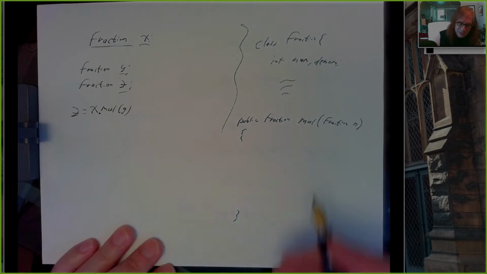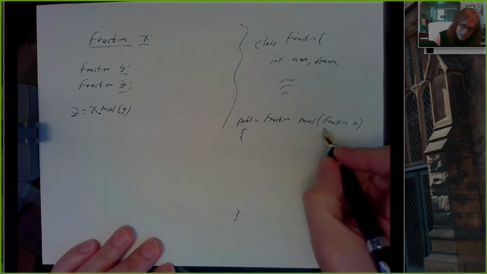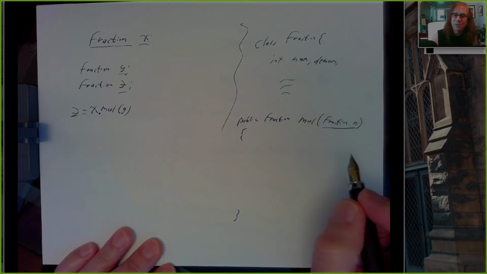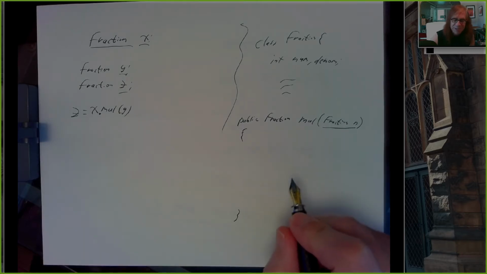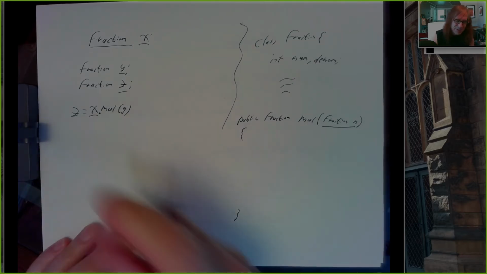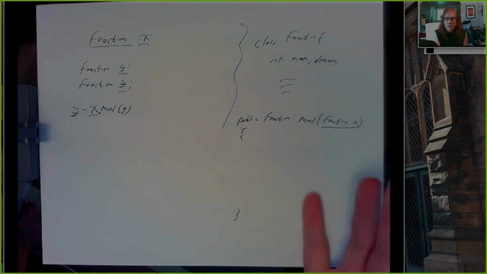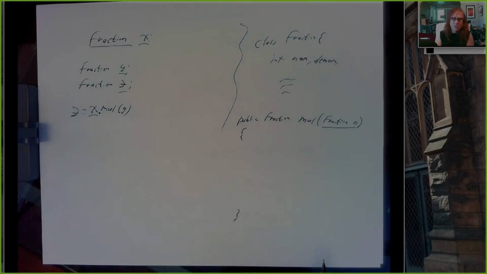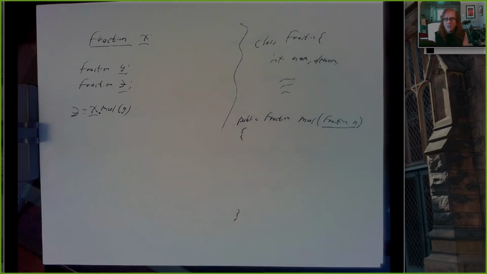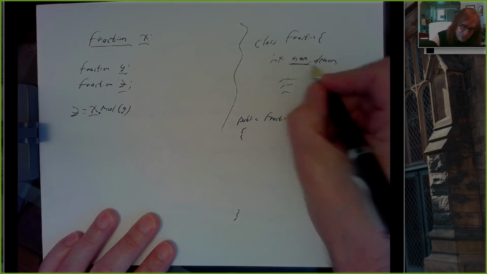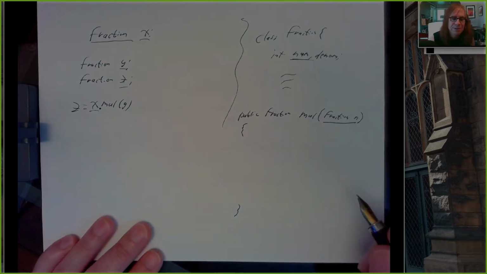So when you're inside multiply, you're given one fraction as an argument. That's n. We're passing y in this case. But where is this x? Well, in some sense, the x is who you are when you're running this multiply code. And you want to multiply n's numerator times your numerator. Well, your numerator is right here, right?